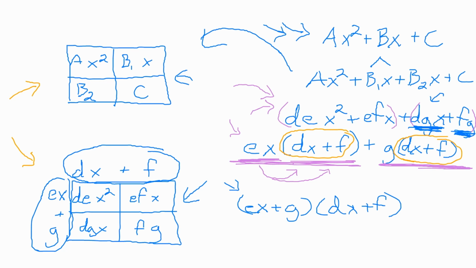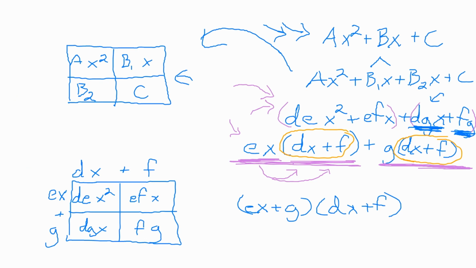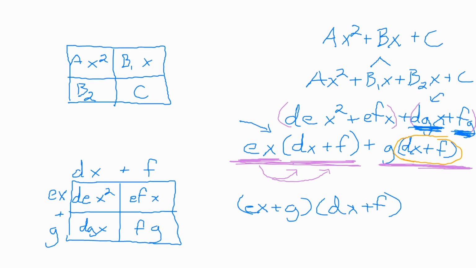Hold on. Where do you get EX per G from? Josh, do you see it? Yeah, from outside the parentheses. So how many DX plus Fs do you have right here, Dwan?